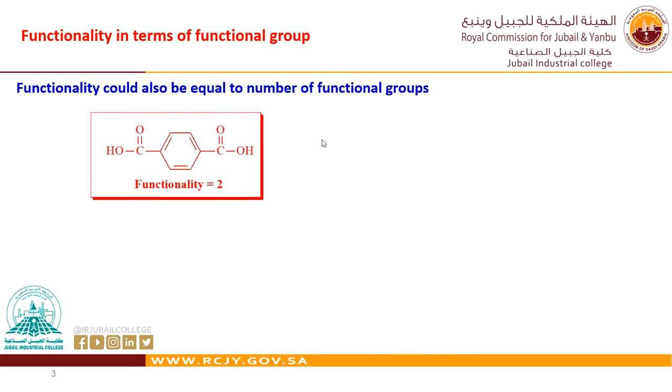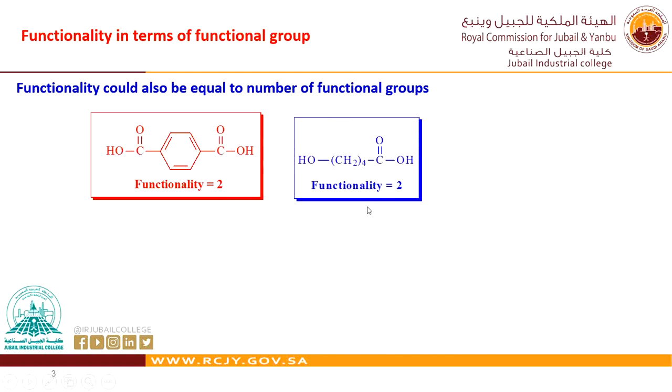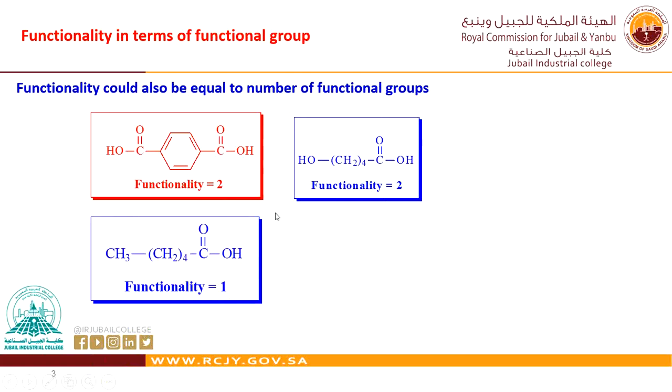So let's look at this example. This is terephthalic acid. It has 2 functional groups. It has a carboxylic acid group here and another carboxylic acid group here. So the functionality is equal to 2. If you look at this molecule, it has two functional groups, one alcohol and one carboxylic acid group, so the functionality is equal to 2. If you look at this one, it has only one carboxylic acid group, so the functionality is equal to 1.